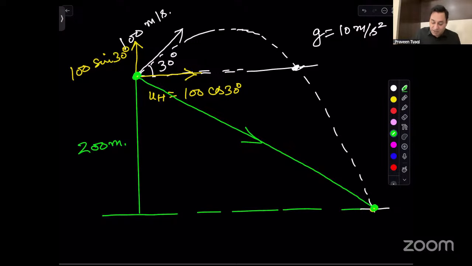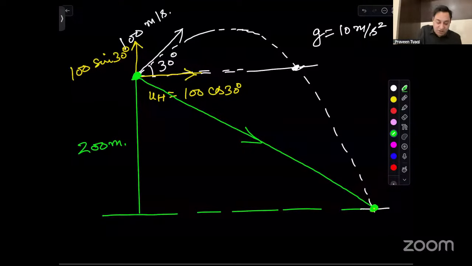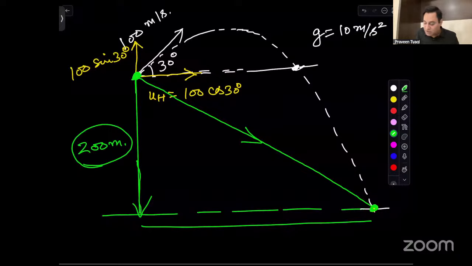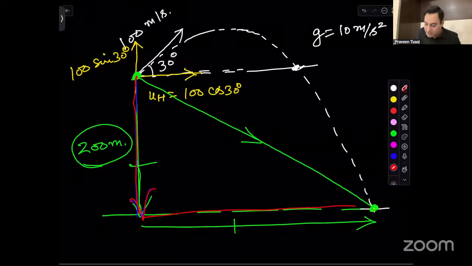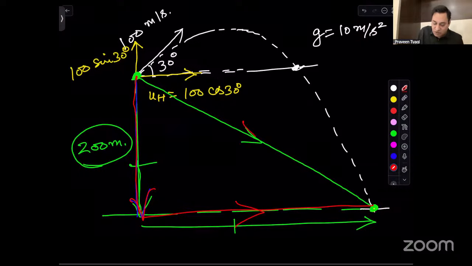The vertical component of the displacement is this, 200 meters. This is the horizontal displacement. And the total displacement is this vector plus this vector.